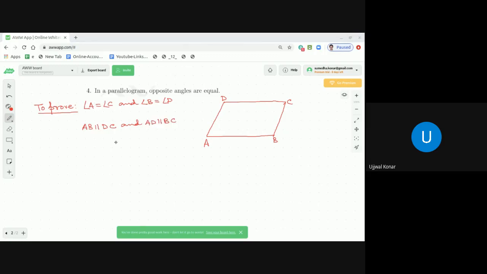Now, as AB is parallel to DC, and AD is the transversal, let me write it down.